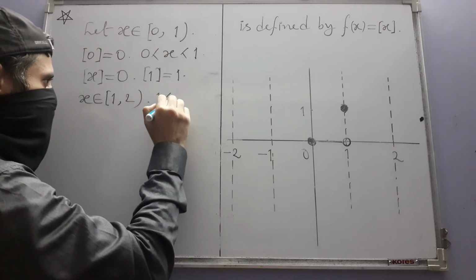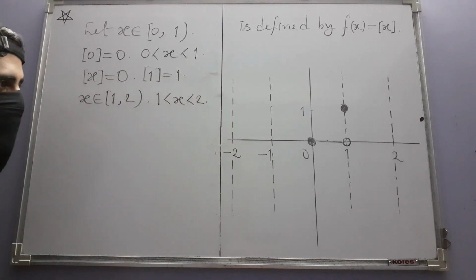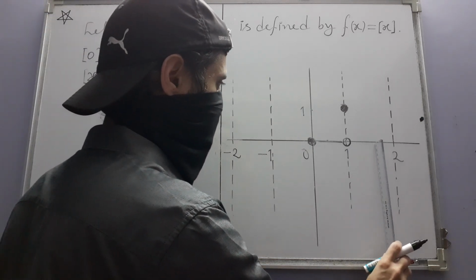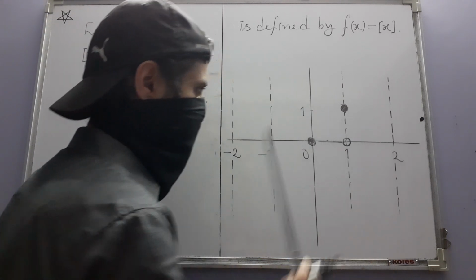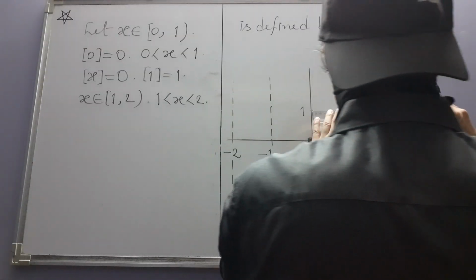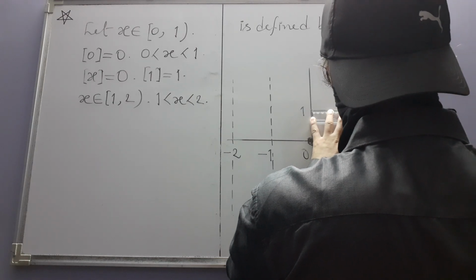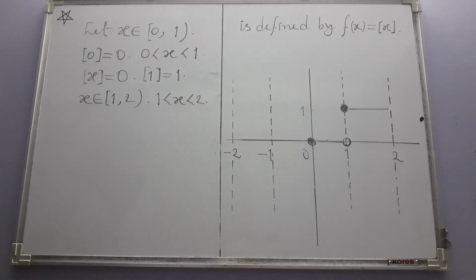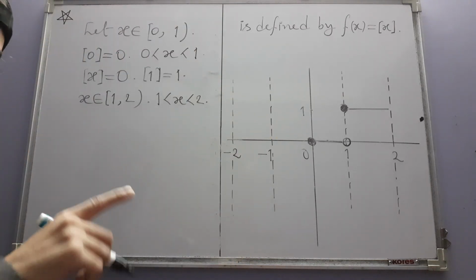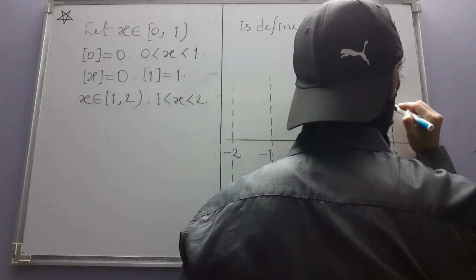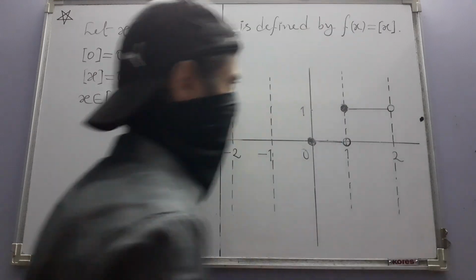Now if x strictly lies between 1 and 2, that means x lies here, then what is the greatest integer value of x? You start walking towards left from x, the first integer you encounter is 1. So for all such x, the value is constantly 1. So again another line segment goes like this. However, it cannot touch that line, because when x is 2, the greatest integer value is 2, not 1. And that's why there is the white circle here.